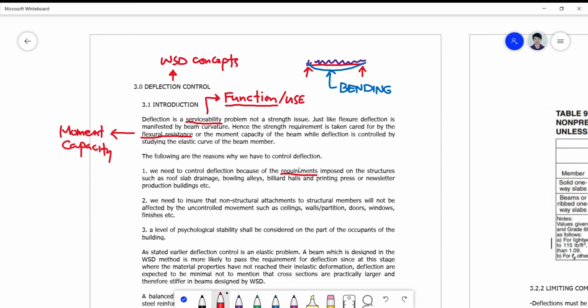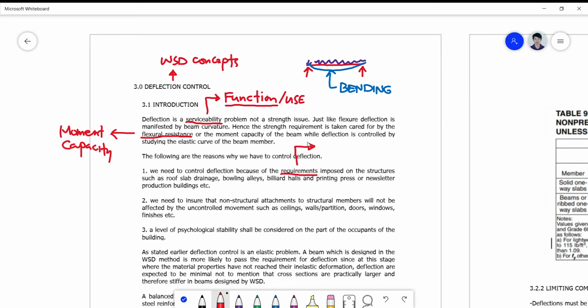Okay, and not just the structural code, but all codes that might be contributory to safety. Okay, including the National Building Code in general. And this requirement must be satisfied in order for us to make sure that we comply with the standards of deflection control.